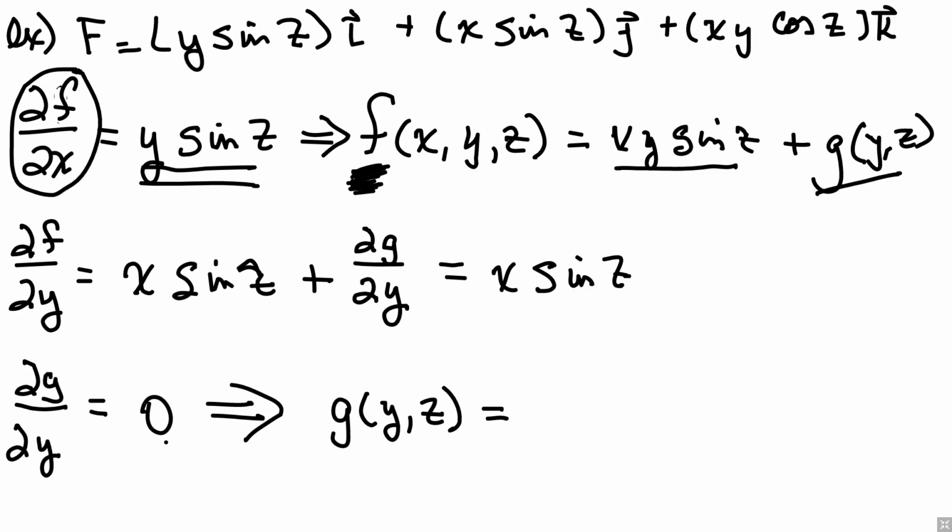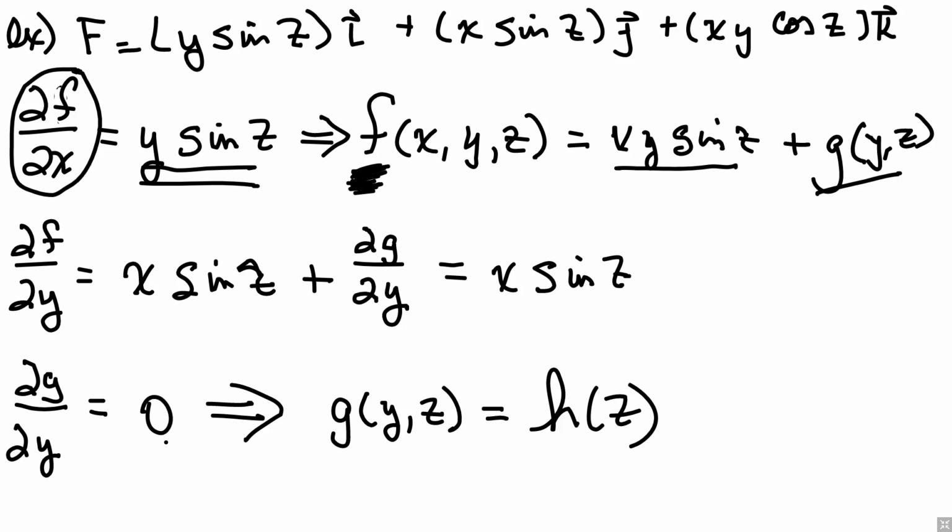But we're now going to add on a function that is in terms of z. So we're going to have a function h in terms of z. Okay. Any questions there?